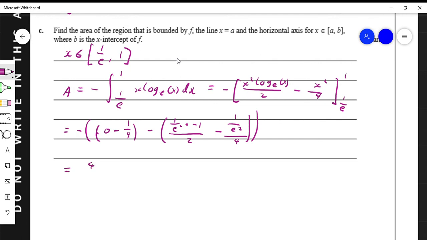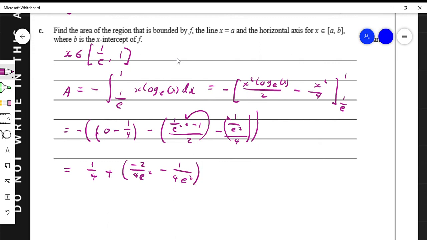So there's a negative sign at the front, so I'm going to just flip the signs so we get a quarter. So positive a quarter to begin with, and then plus, if we make these fractions into just one fraction, we bring the 2 up to the top and then the 4 up to the top, you get negative 2 on 4e squared minus 1 on 4e squared.